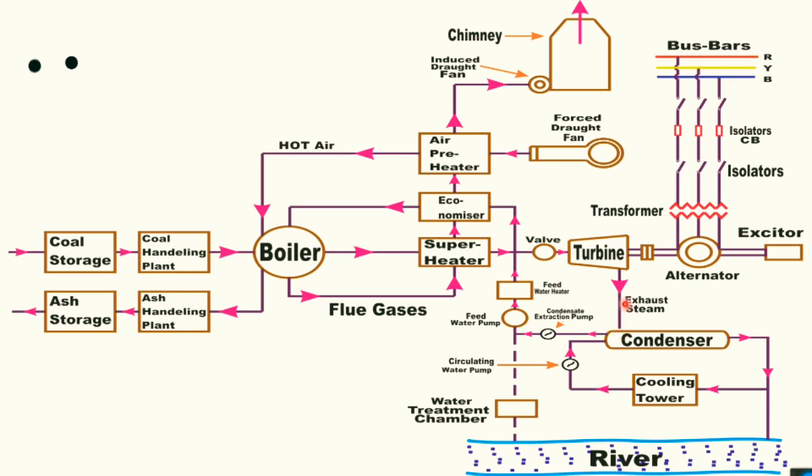Since the steam is already very hot, we need to convert the entire thing into liquid form so that we can use the water again. That is the main purpose. We have a scarcity of water, so we have to learn how to reuse it, and we use this process of condensation. We have a counter flow of water extracted from the cooling tower or any reservoir, for example a river.